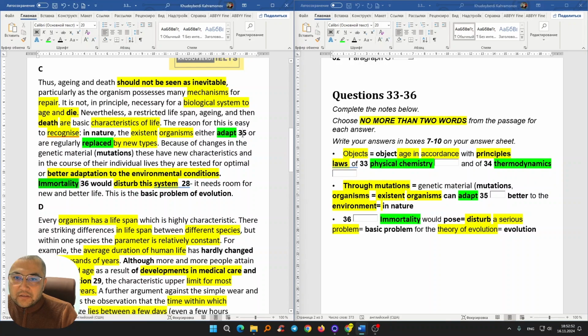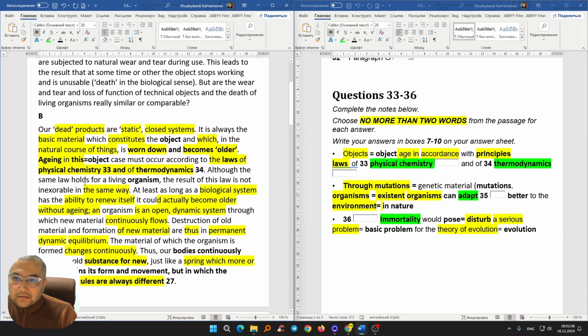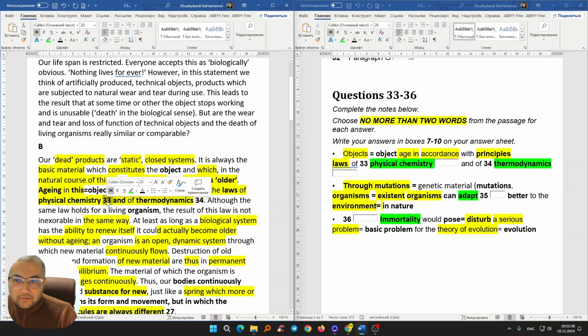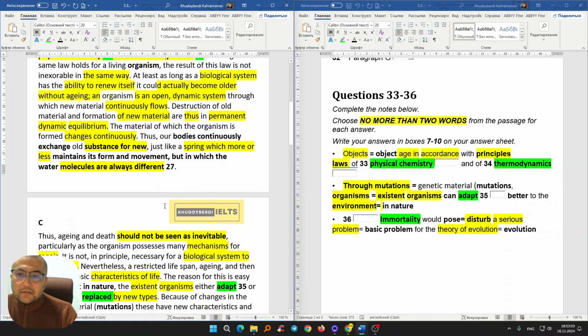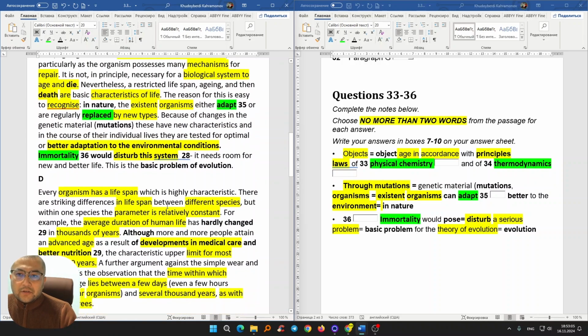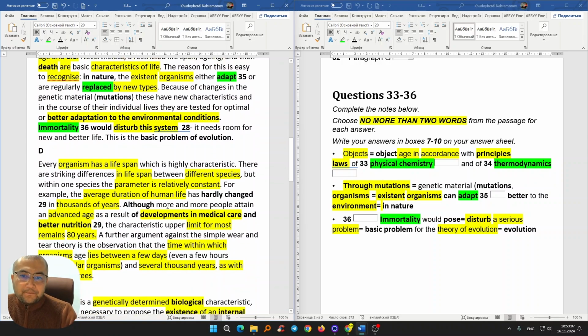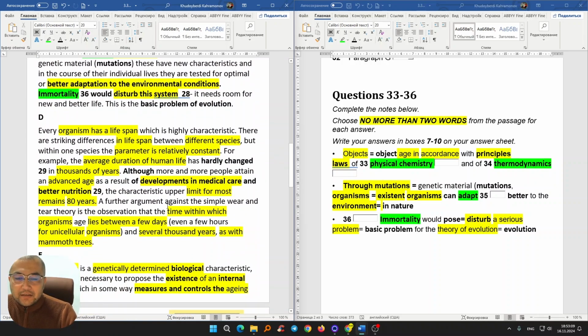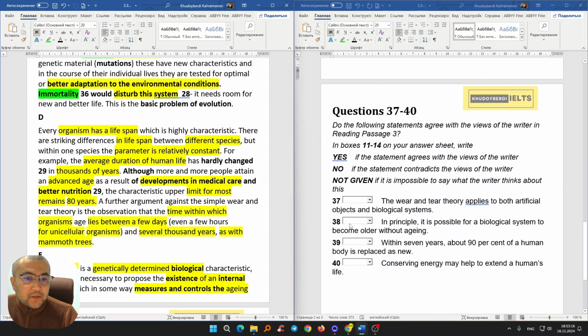This is 35, this is 36, and this is 33, 34, you see. They are trying to keep the sequence, and this is somehow convenient for IELTS candidates, I think. All right, the next one.